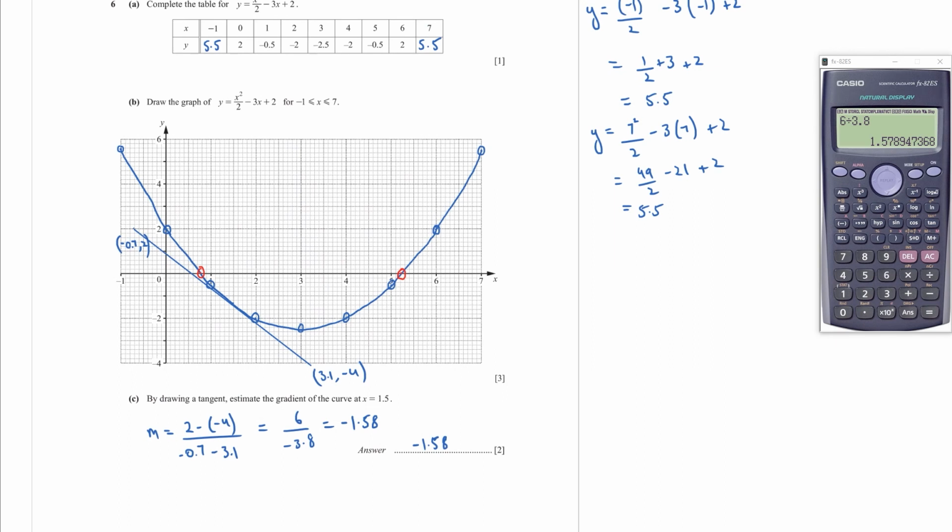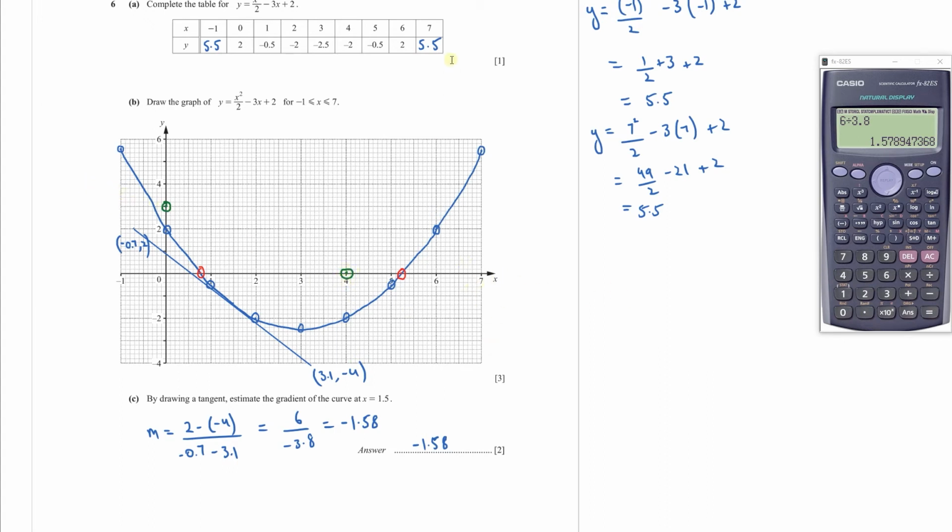So 0, 3 will be this point here. Sorry, not this one. This is 1. 0, 3 will be this one. 0 and 3, and then 4, 0 will be this point on the x-axis. So your line will pass through these points.